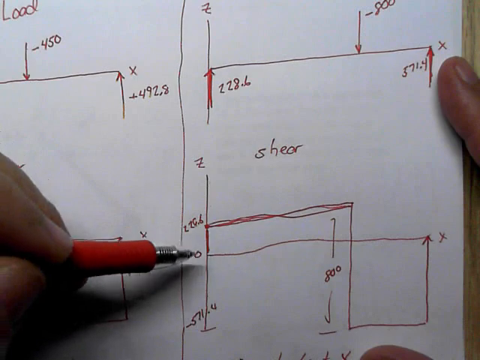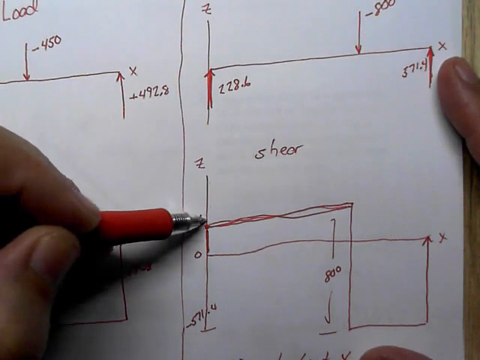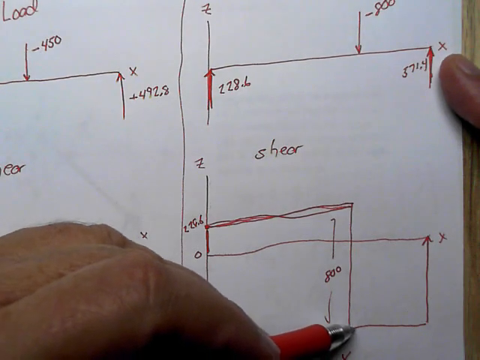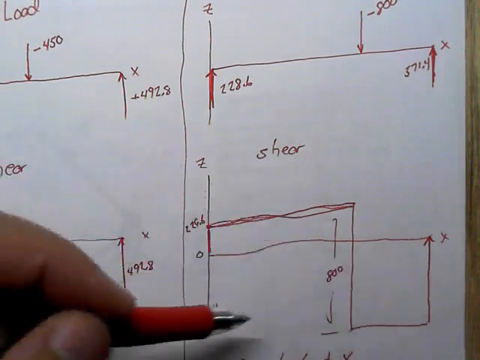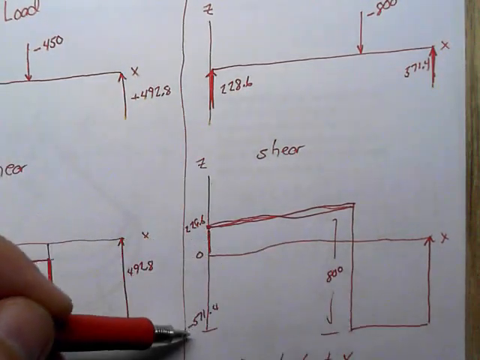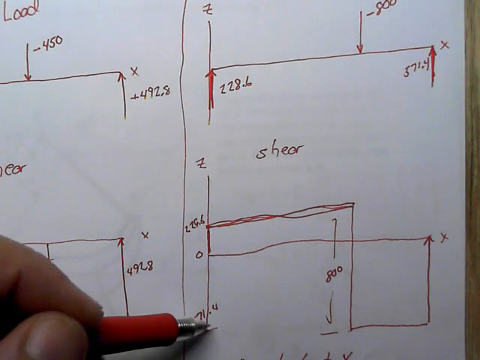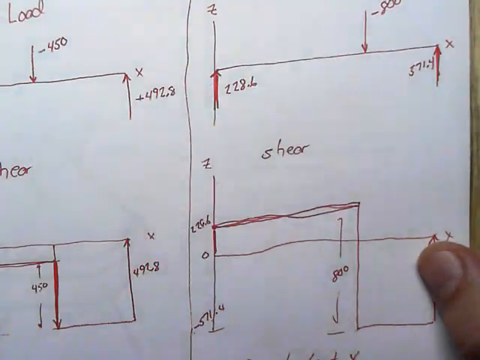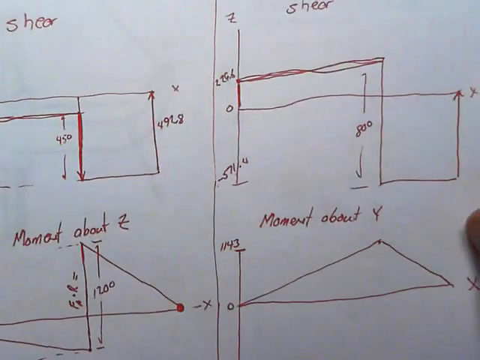So the shear forces would be the 228.6 going over to the 800, and while we're at the 800, we're down at 571.4, and we have a final load of 571.4 to close the shear diagram.